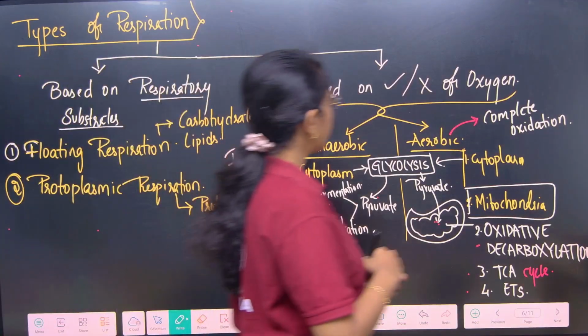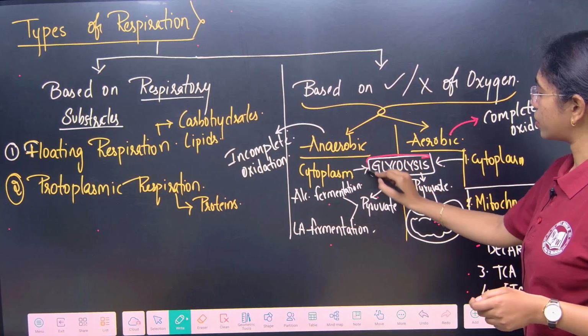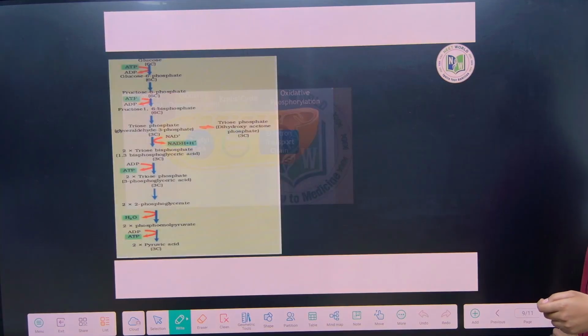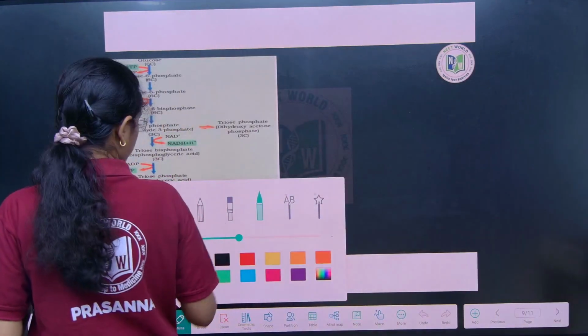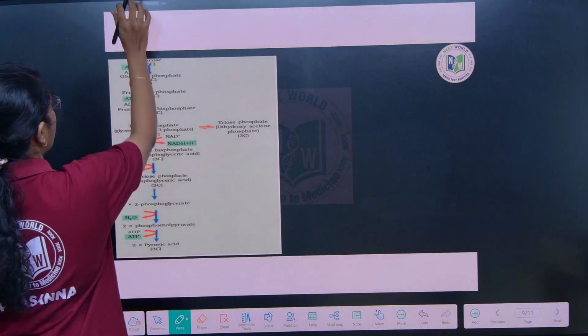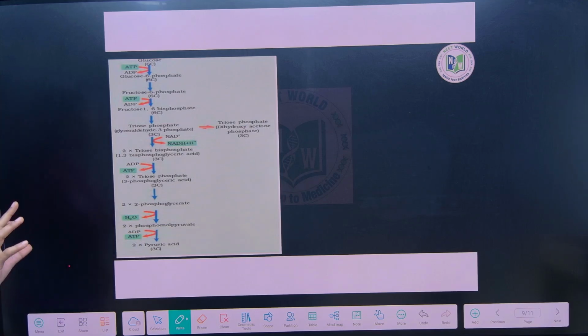And now, today we are going to learn in detail about glycolysis. Okay, let's get started with the concept of glycolysis. It is very important. From glycolysis, in every alternate year in the NEET examination, there will be a question.